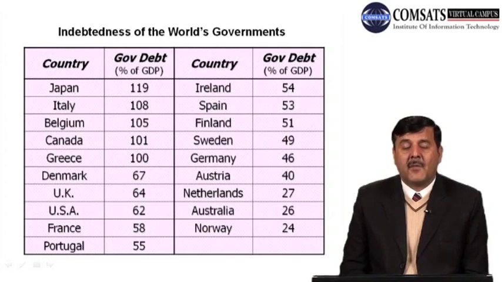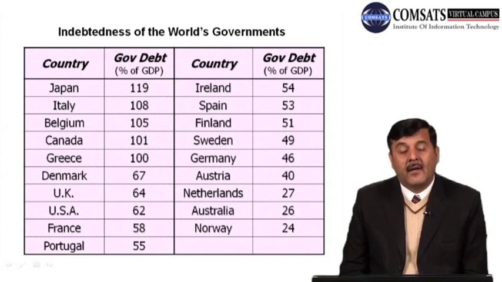You can start from Japan. It is 119, the highest debt government, Japan, which is 119% of GDP. Italy 108, Belgium 105, Canada 101, Greece 100, Denmark 67, UK 64, USA 62% of GDP.